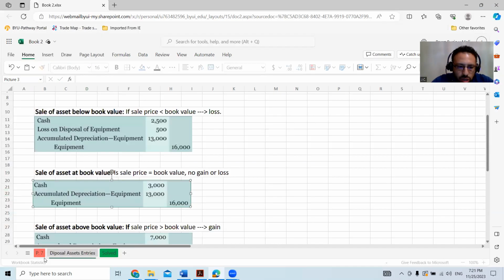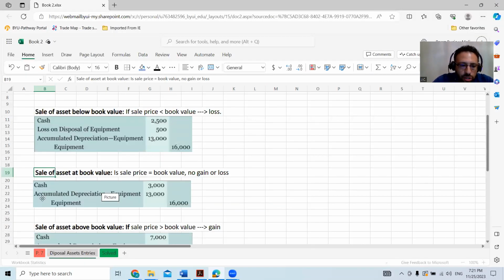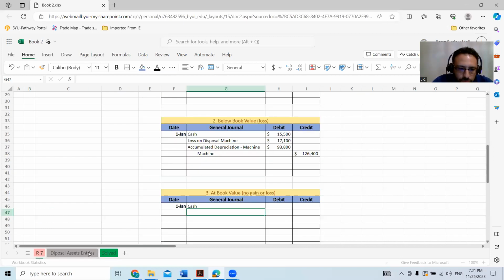So we're going to debit cash, we're going to debit the accumulated depreciation, and then we're going to credit the machine. And we're always going to credit the machine.